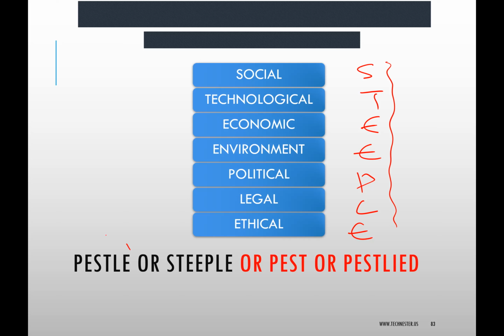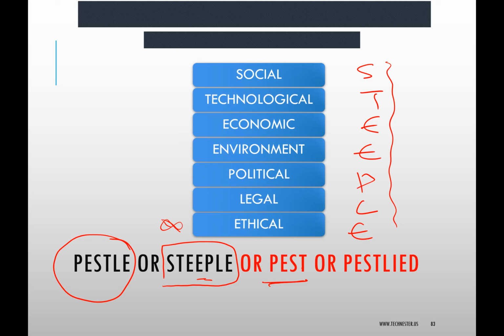The main name for this technique is PESTLE, but there are different variations. So people added E, ethical issues. If there are ethical issues that may be causing a problem, you can call it STIPLE then. Some people just focus on PEST, political, maybe economical, legal, and technological issues.